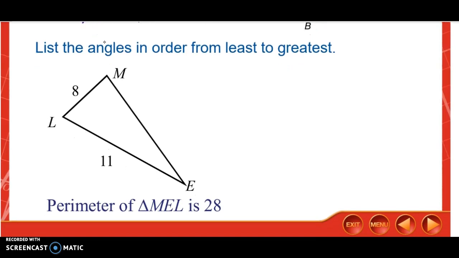to greatest, the smallest angle on this one, we don't know yet because we still have to figure out from the perimeter what this is right here. The perimeter is the sum of the sides, x plus 8 plus 11 equals 28. So first we have to solve for x on this one.